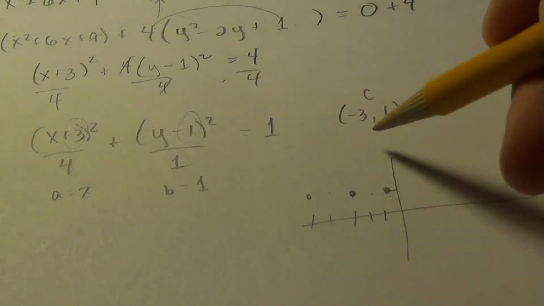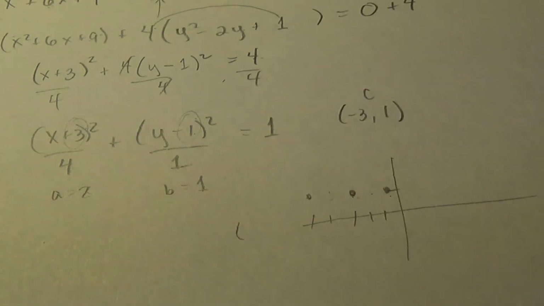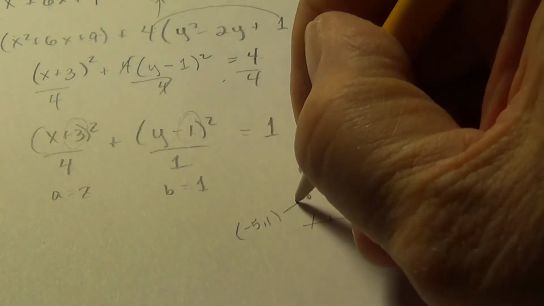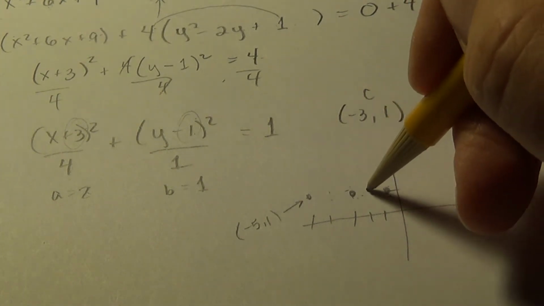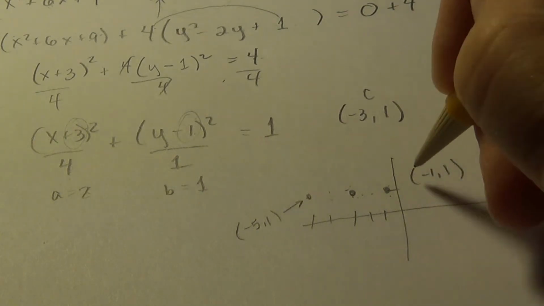Since I was at -3, 1 and went back 2, that took me to -5, 1 for this vertex. And here I went from -3 forward to -1, 1 for this vertex.